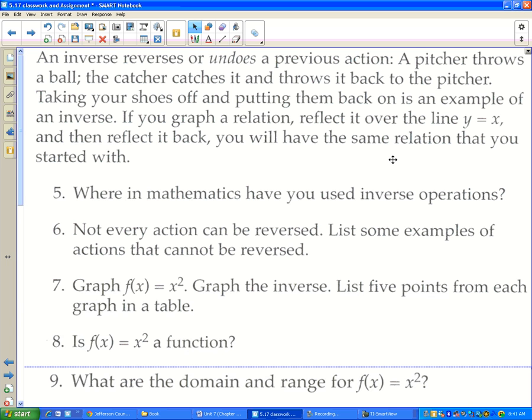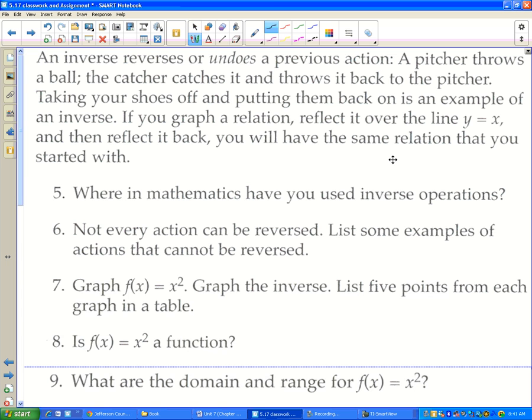So, where in mathematics do you see inverse operations? Mr. Seth says in parabolas. I don't know where he sees that. Where do you see that? So what are inverse operations?